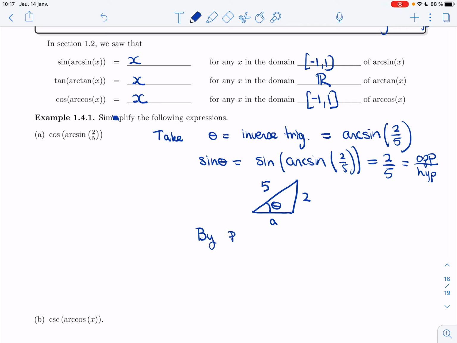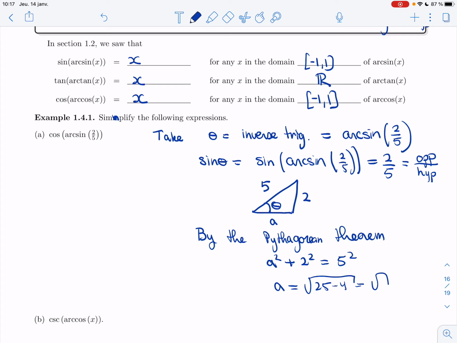So by the Pythagorean theorem, A squared plus 2 squared equals 5 squared, and so A will be the square root of 25 minus 4. It will be the square root of 21.